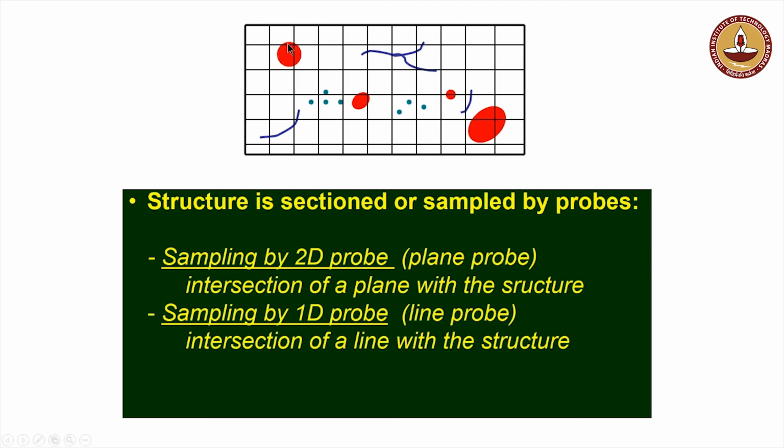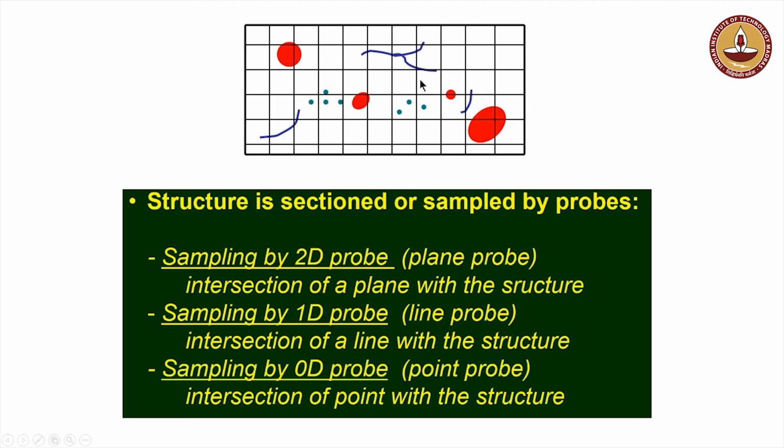For example, this line intersects this particle. I can look at this intersection with the boundary of the particle, or as a line intersection with the solid particle itself, and then I can look at the length that this line makes within the particle. I can also look at the intersection of the line with these lines, which are actually surfaces in 3 dimensions. So, this is called sampling by a line probe.